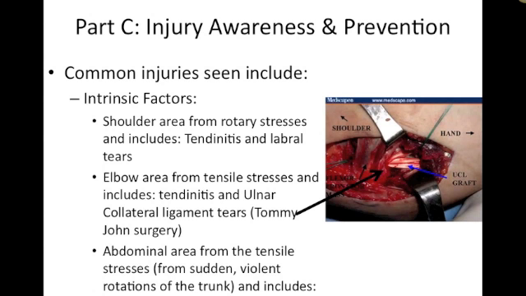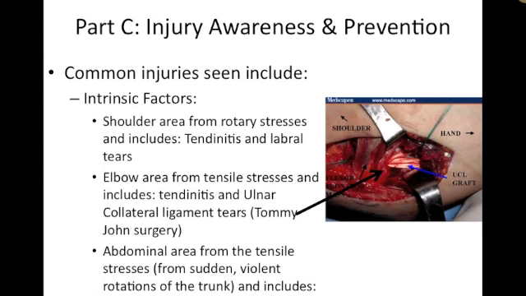Within the elbow region, we see a lot of tensile stresses that are involved, and usually the injuries that occur are, once again, tendinitis and ulnar collateral ligament tears. That may sound familiar to you because there is a famous surgery out there called the Tommy John surgery, which seeks to correct these tears.